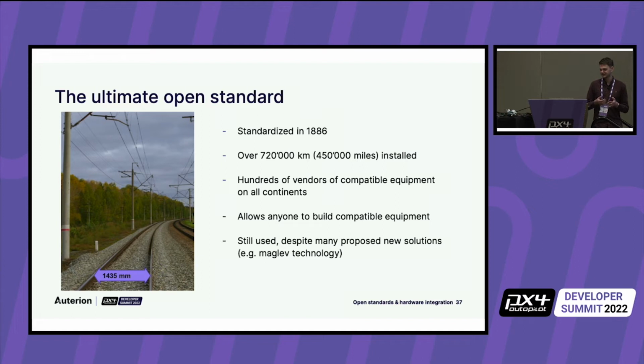But still, it's way easier to just use the standard, right? You can build a new maglev train track between two cities, but it's probably better if you just improve on the standard and just make sure that your regular train tracks that adopt the train track standard are maybe better vibration isolated or a bit more robust, a bit more durable. And that's what really happens.